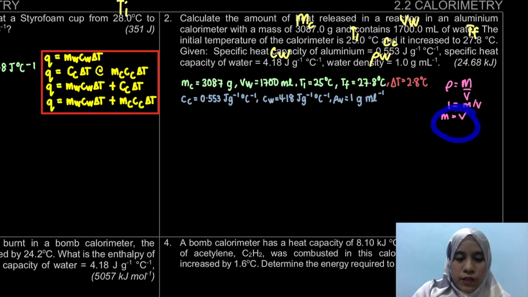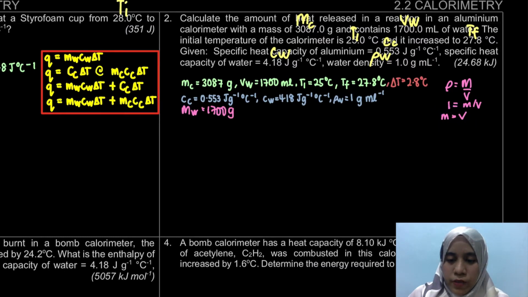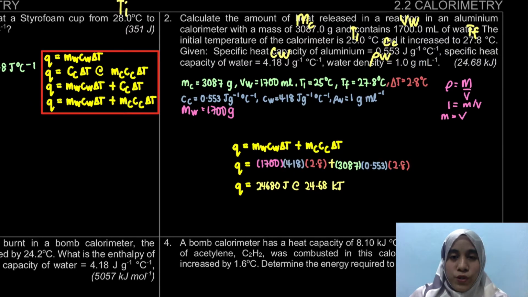I have also calculated the delta T. So I have my MW, my CW, my delta T, and my MC and CC. Which formula are we going to use? The last one here. This is the answer you will get when you substitute the values straight away.